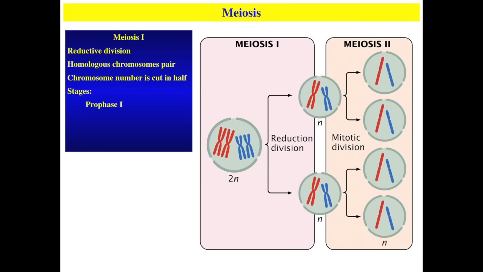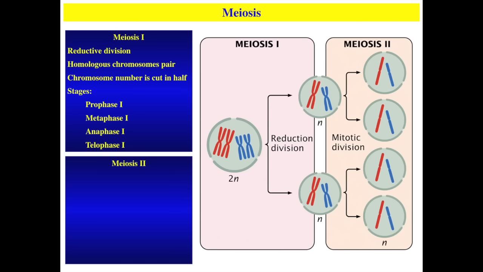These stages include a prophase I, a metaphase I, anaphase I, and a telophase I. During meiosis II, there is a mitotic division, and this is an equal division, and the stages include another prophase II, metaphase II, anaphase II, and telophase II. And I'm going to go through all of these steps.